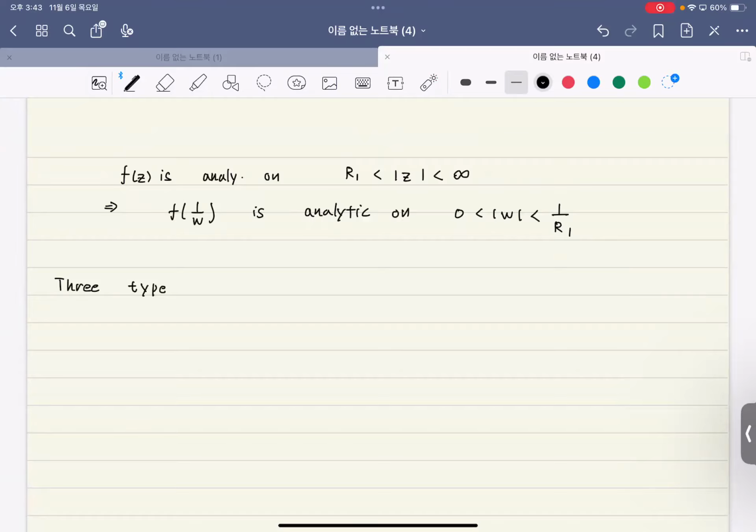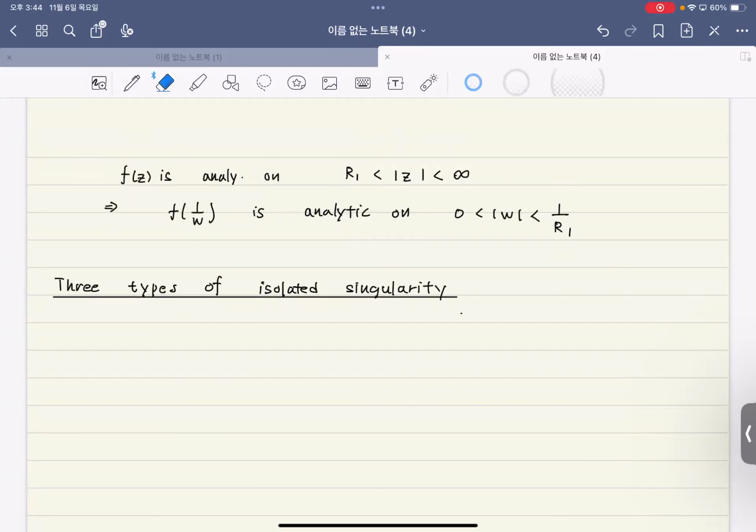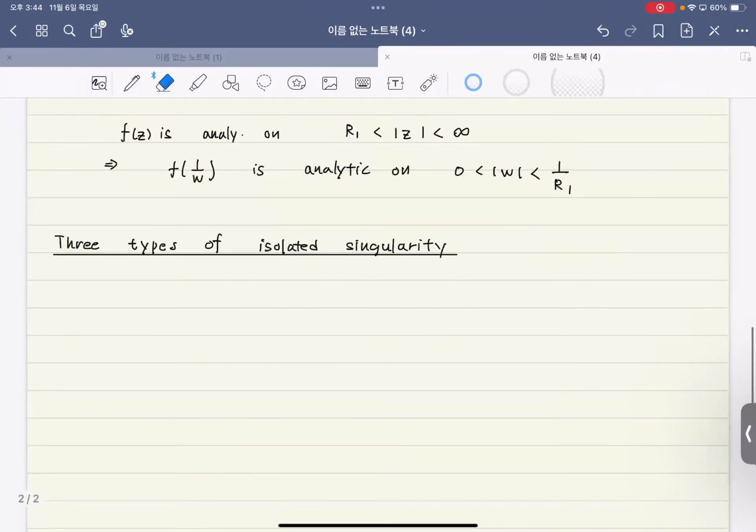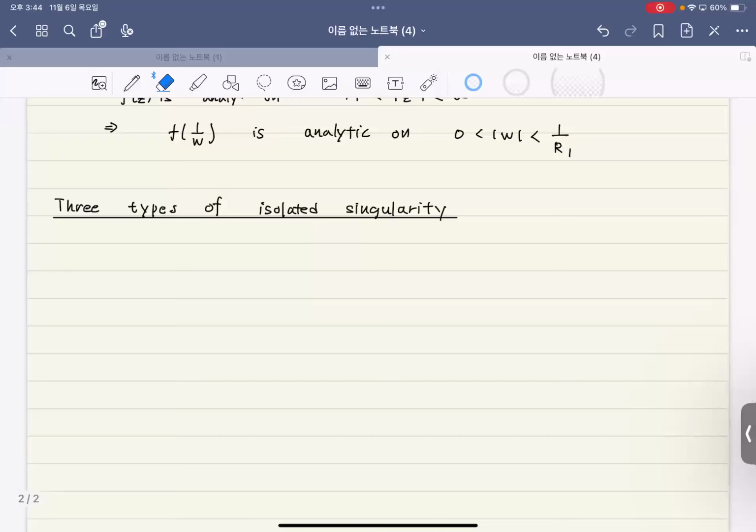Today I want to discuss the three types of isolated singularity. If your singularity is isolated, then we can classify these singularities just by using the Laurent series of the function around the singularity.